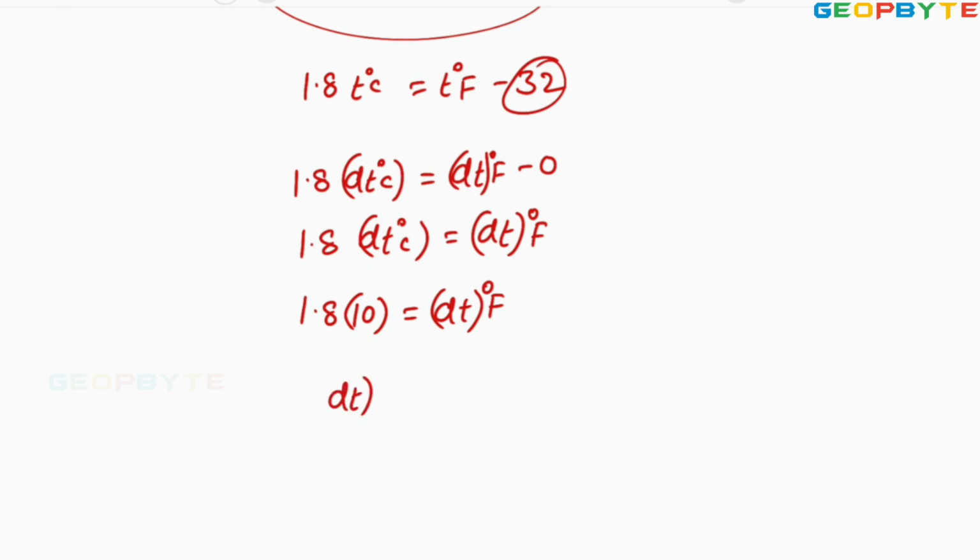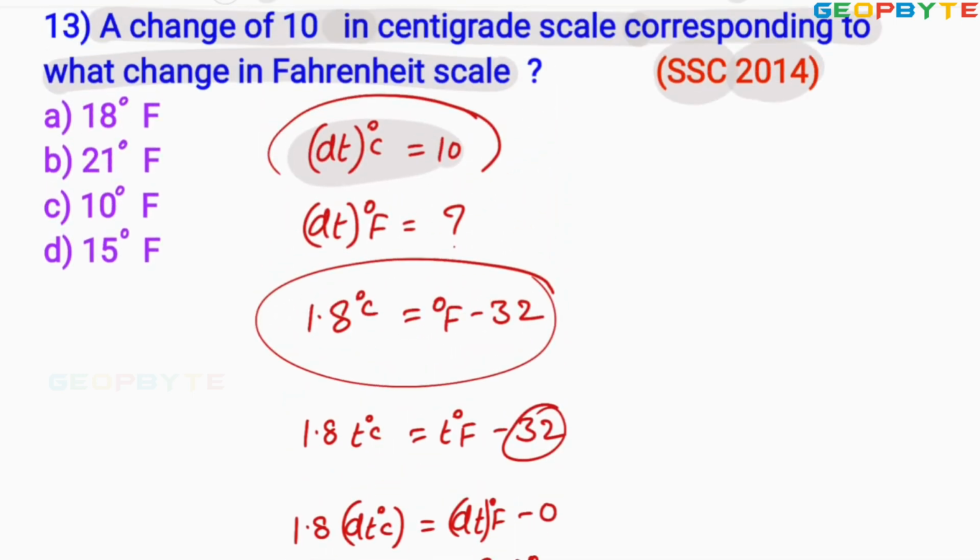The temperature difference in degree Fahrenheit equal to 18. If the centigrade scale is differed by 10, Fahrenheit scale is differed by 18. Therefore option A itself is absolutely correct.